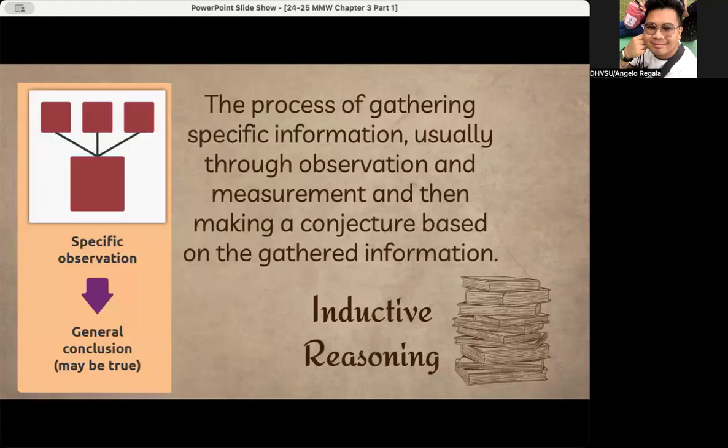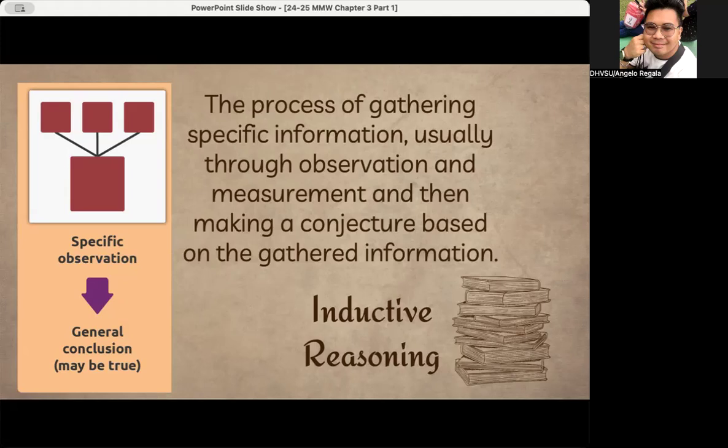Now, the third process about reasoning is inductive reasoning. So it is the process of gathering specific information, okay, usually through observation or measurement, and then making a conjecture based on the gathered information.